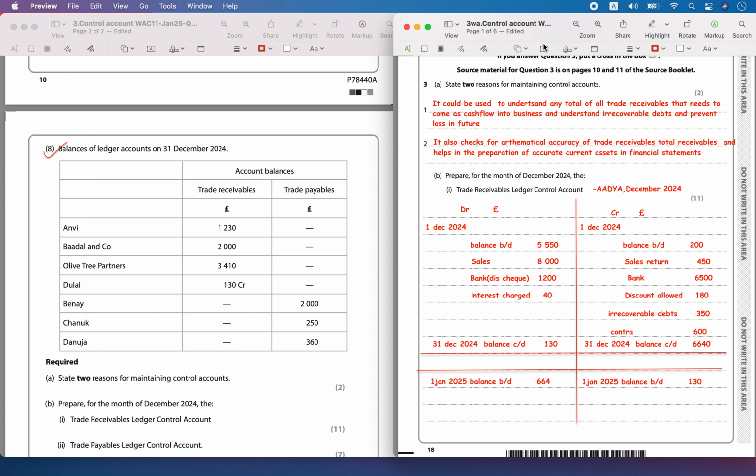That is 14920. And on this side, 5550 plus 8000 plus 1200 plus 40 plus 130. So it is 14920. We can see that it has completely balanced, and that means your answer is correct.